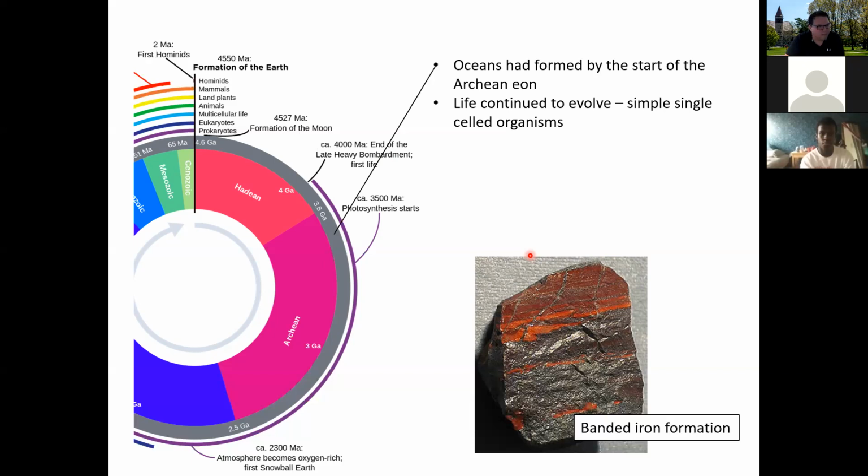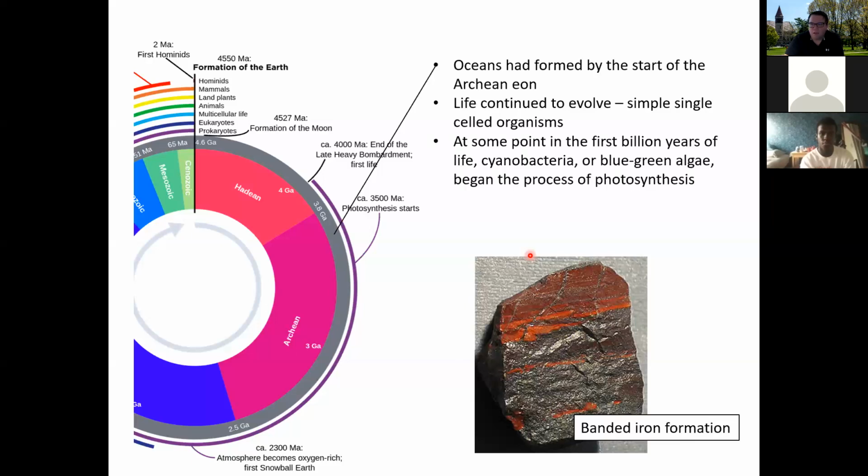There's certainly an infinite amount of things we don't know, and are thought to be unknowable by the fact they're not preserved in the rock record. But we expect this is a period where we see a continued evolution of single-celled life forms, those prokaryotes. Probably somewhere at the beginning of the Archean, but a billion years in, we see what are called blue-green algae, who, while we don't know why or how exactly, show the earliest evidence of photosynthesis.